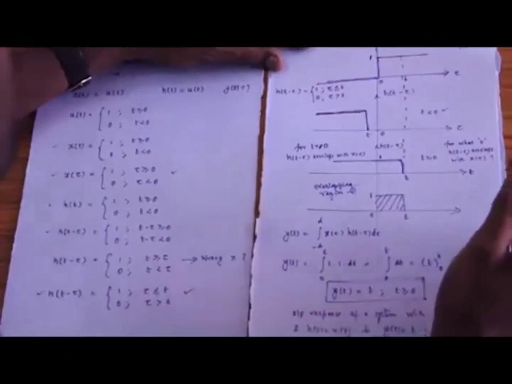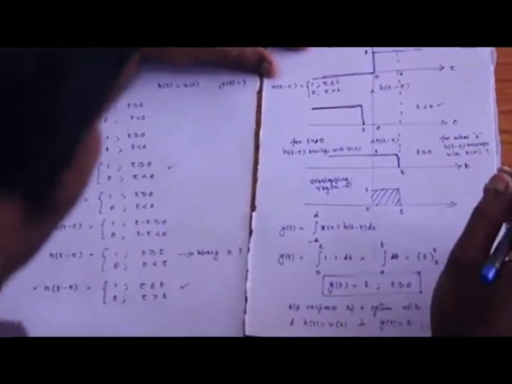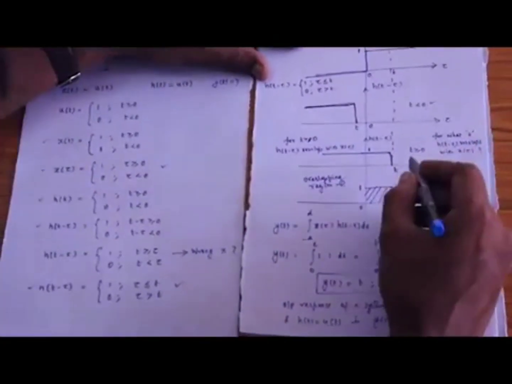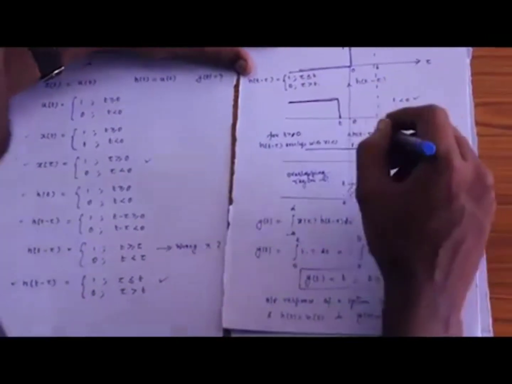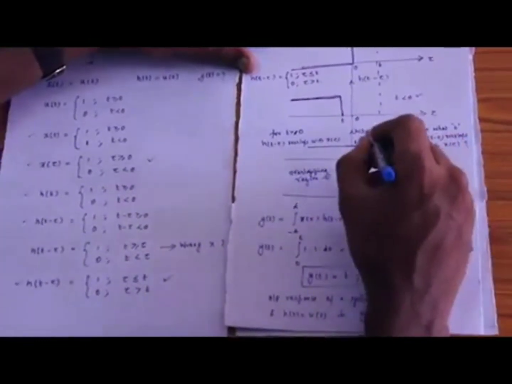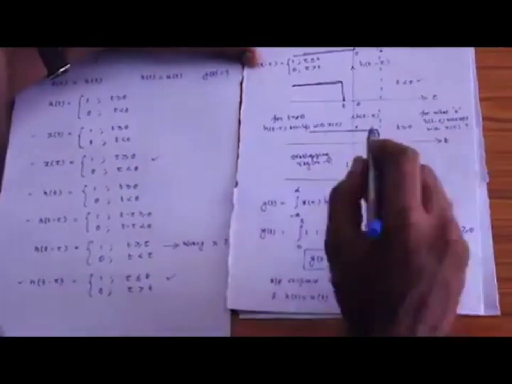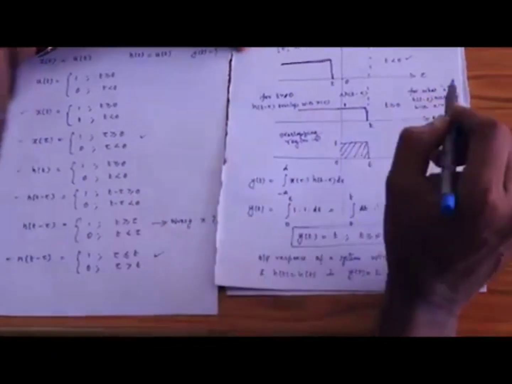Okay. Now, next step, you consider t such that it gets overlapped with this x of tau. So under what condition does this x of tau overlap with this h of t minus tau? Definitely when t is greater than or equal to 0, your h of t minus tau will overlap with this x of tau. So this is my h of t minus tau for t greater than or equal to 0.